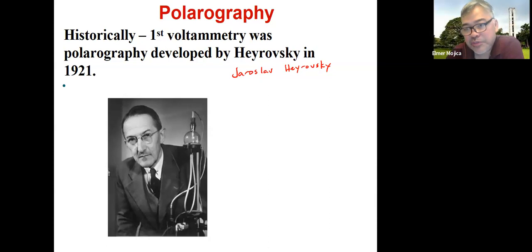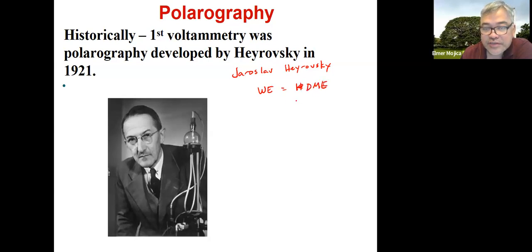Polarography differs from voltammetry in that your working electrode is the DME, the dropping mercury electrode.